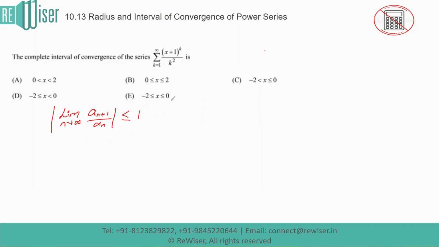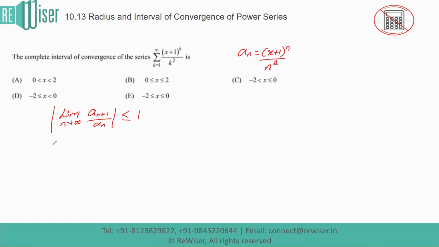From here, we can find the interval of convergence. In this sum, a_n is given as (x+1) to the power of n over n to the power of 2. Instead of n, they have used just k.